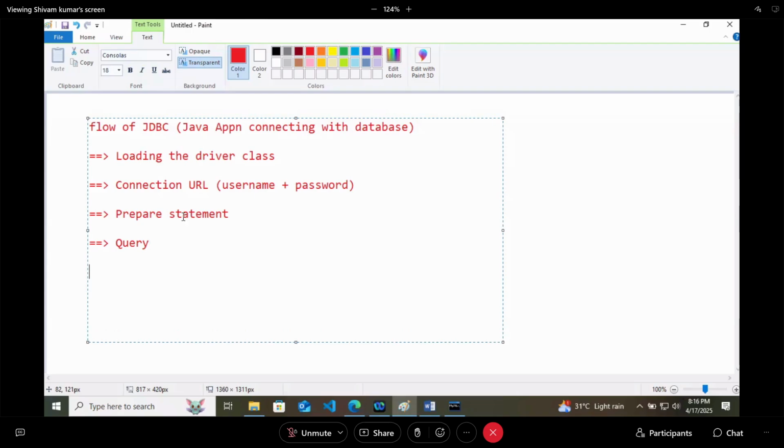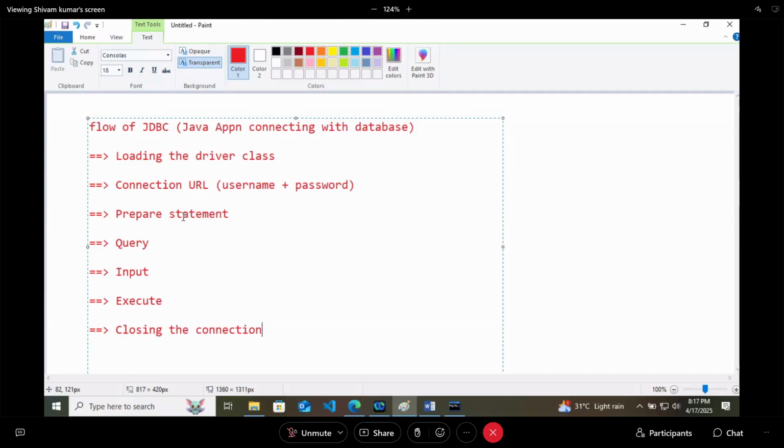Then you will give input, or you can give input before the query, and then execute, and then close the connection. If this part is not clear to you, we can complete JDBC in one session.